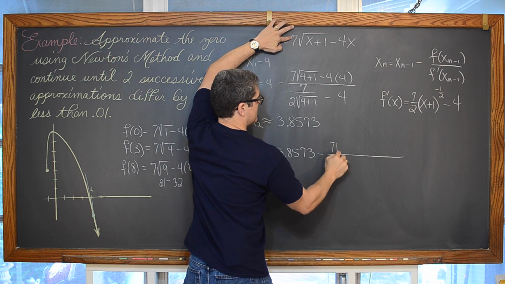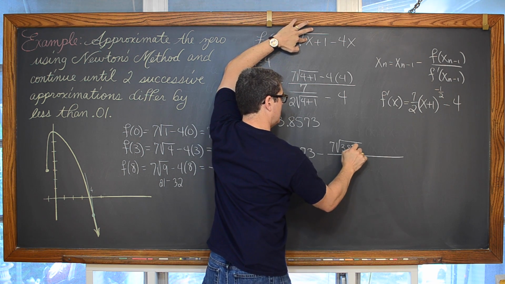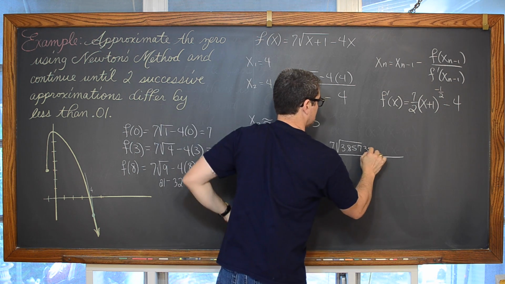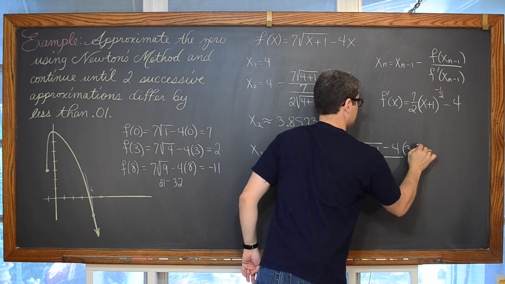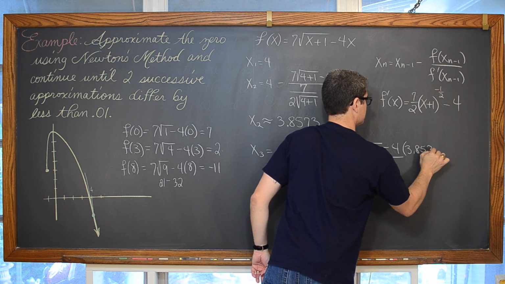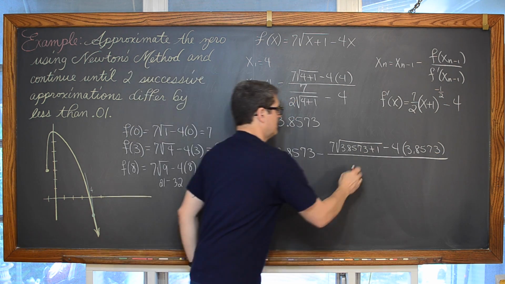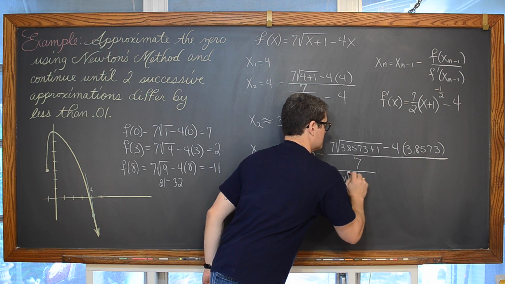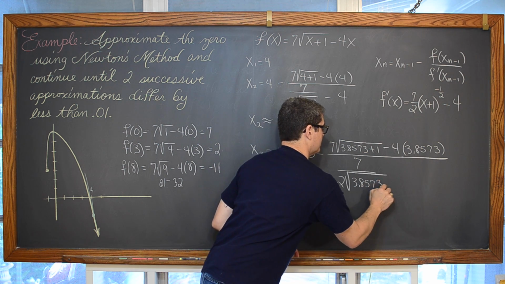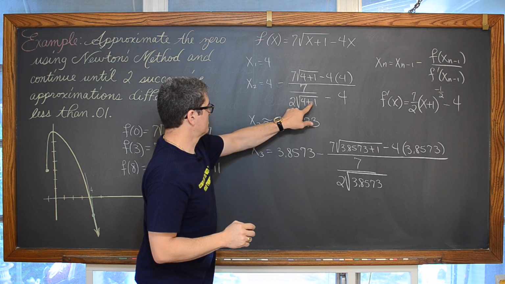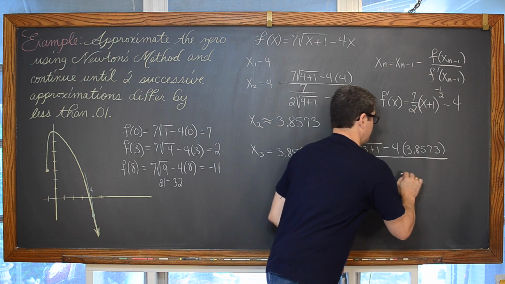7 times the square root of 3.8573 plus 1 minus 4 times 3.8573 over, now its derivative, 7 over 2 times the square root of 3.8573 plus 1 minus 4.